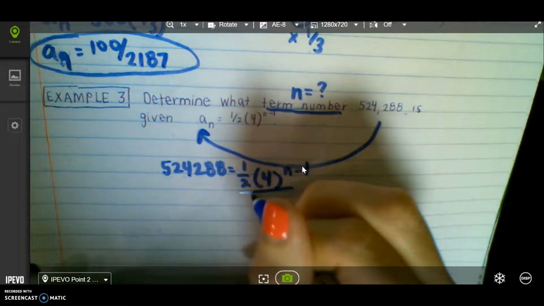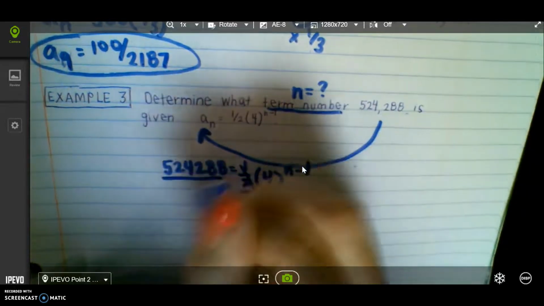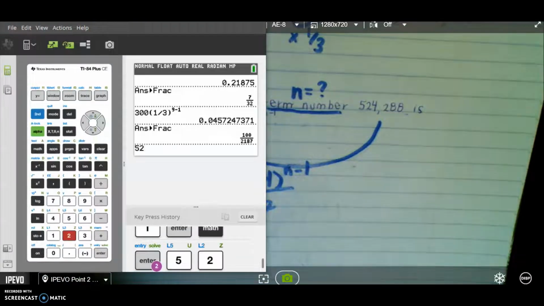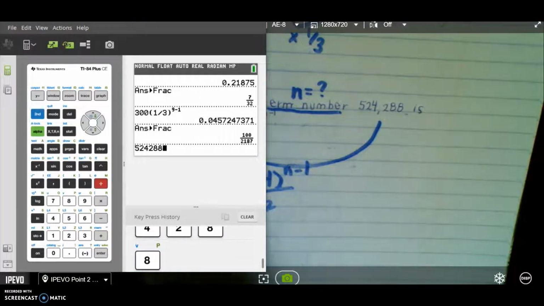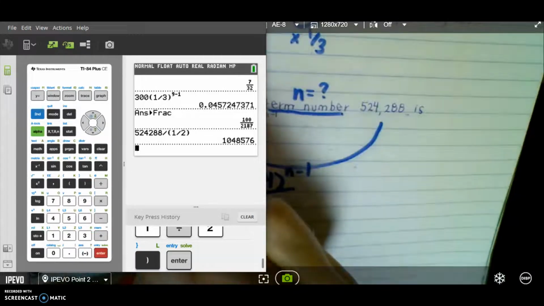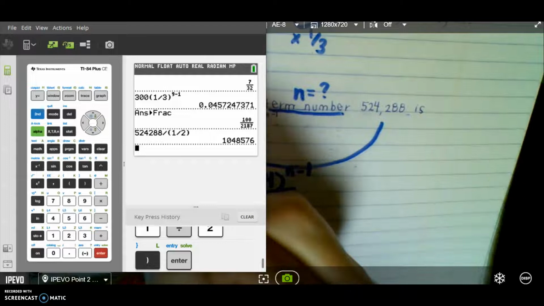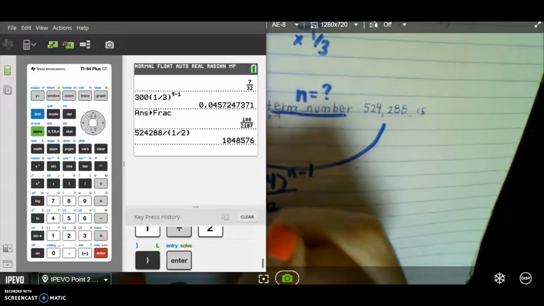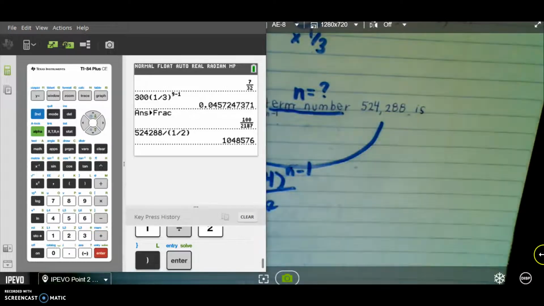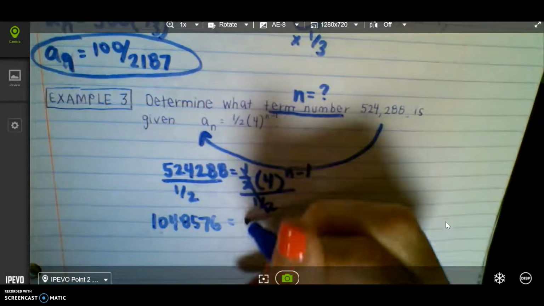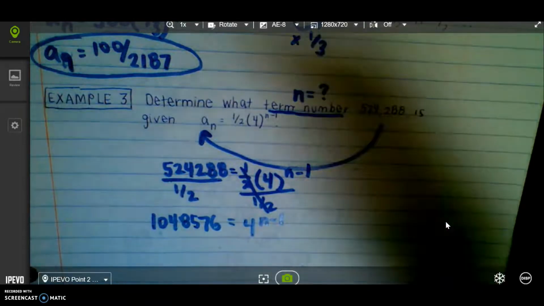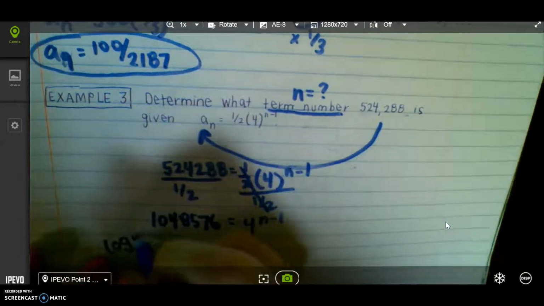First, divide by 1/2 on both sides. So we have 524,288 divided by 1/2. 1,048,576 equals 4 to the n minus 1. And then to undo this base of 4, I'm going to take log base 4 of both sides.